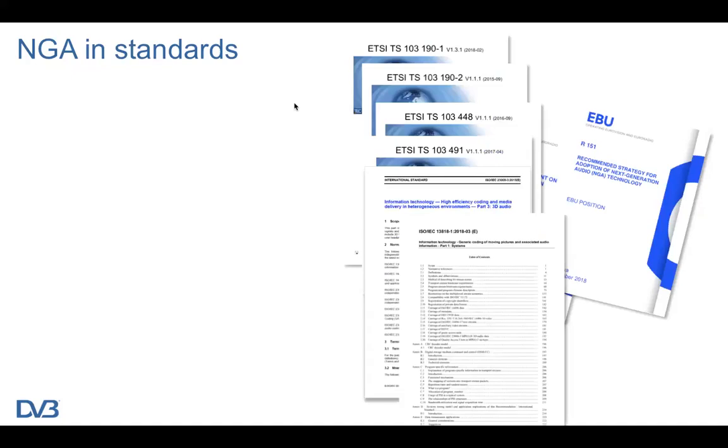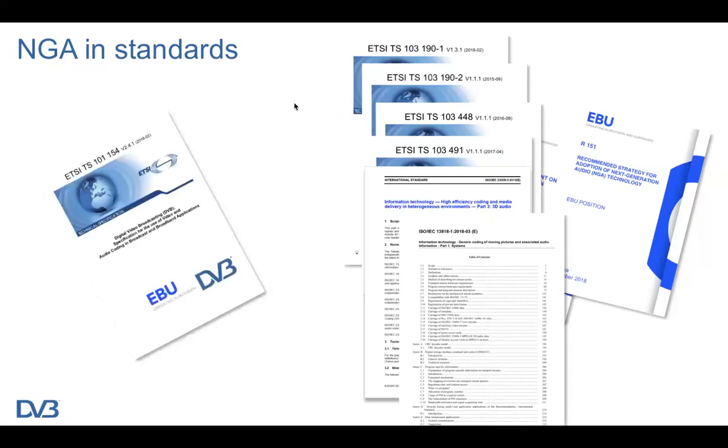There's also, as you might expect, a big range of international standards documents, MPEG-H mostly through ISO IEC, and as well as that there are the ETSI documents describing Dolby and DTS's technology. And then there are the ETSI specific documents for DVB. So at the heart of this lies the DVB toolbox in TS 101 154.